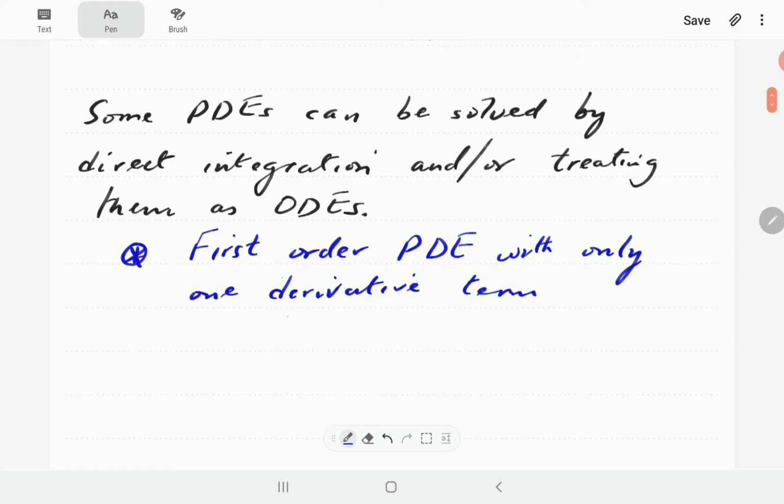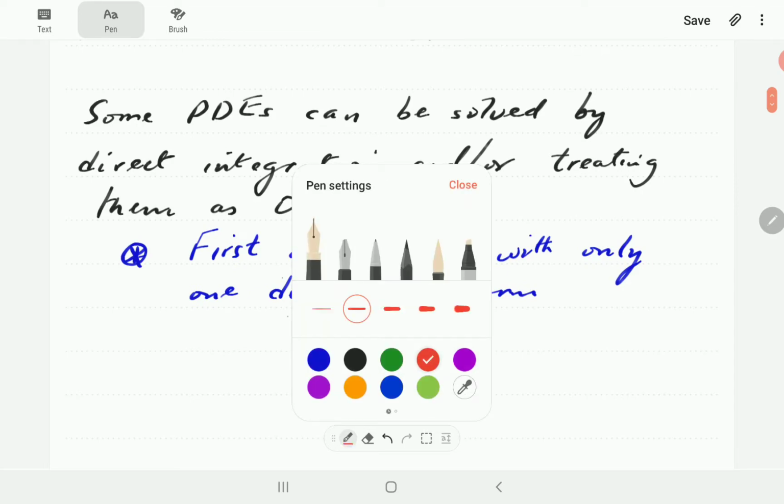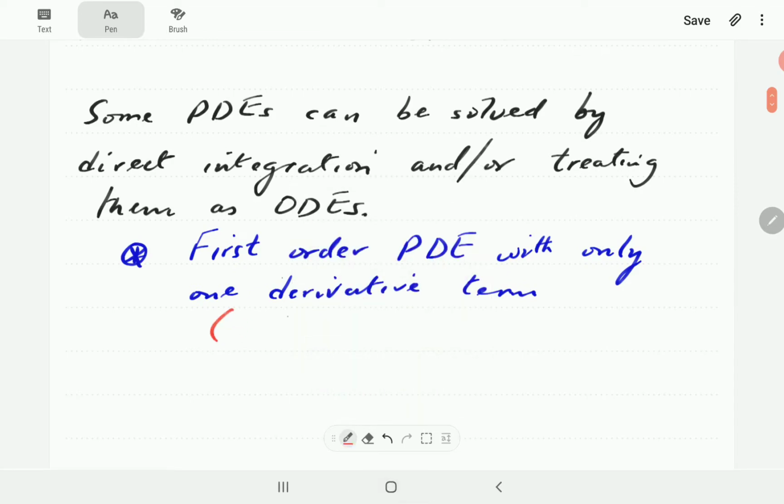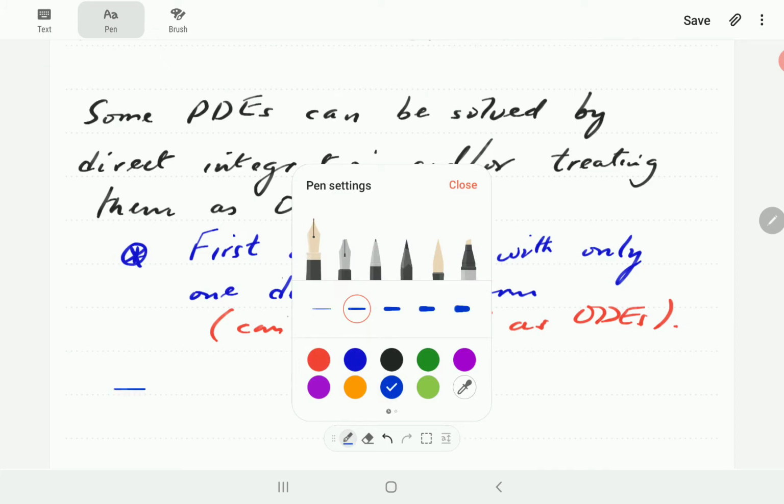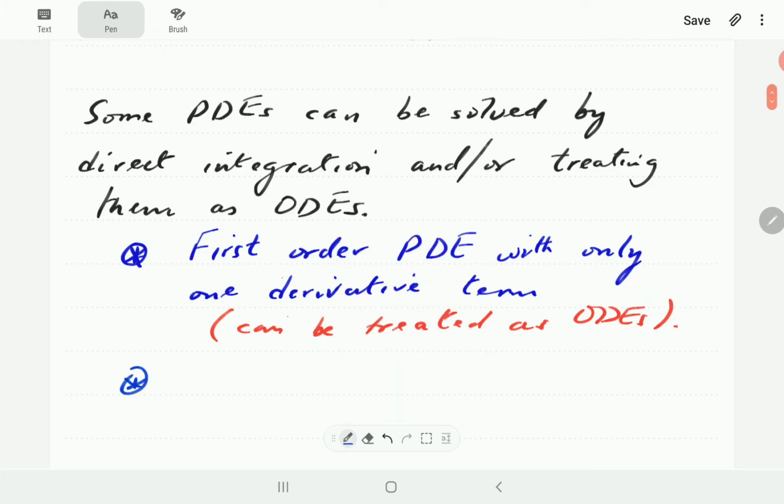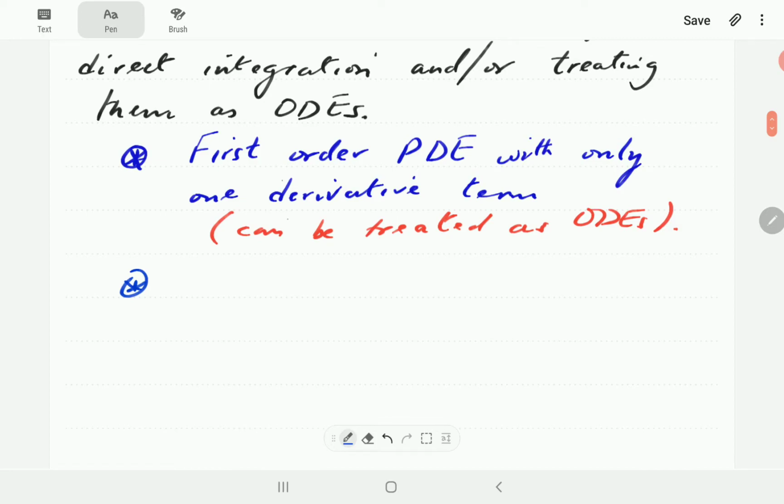So these ones can be evaluated as ODEs, can be treated as first order ODEs.